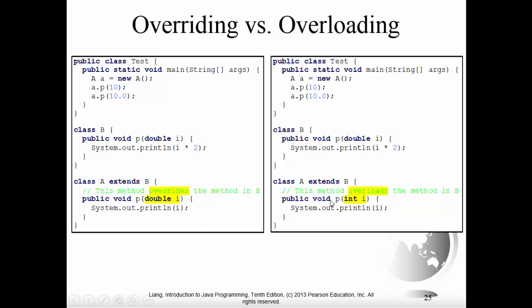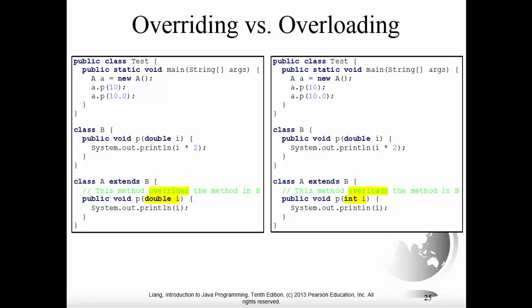In this example, things are a little different. Let's talk about that. We have class B again, and it has a method named P that expects a double, and it prints out a message about that double multiplied by 2. Now in class A, we extend or inherit from class B, and we also have the same method, but in our class A, we are creating a different data type parameter value.